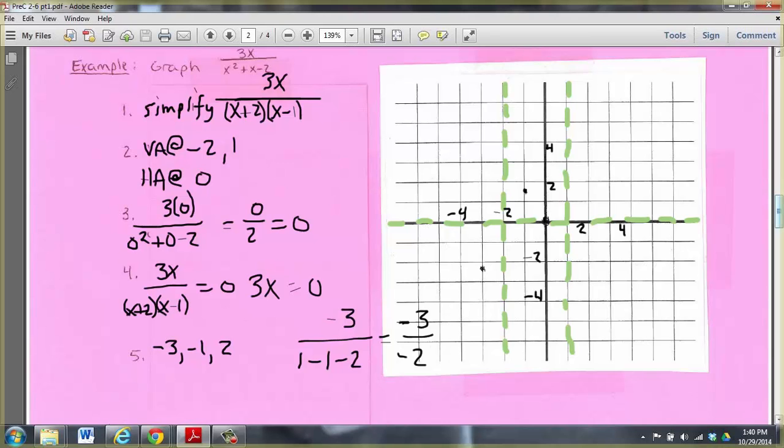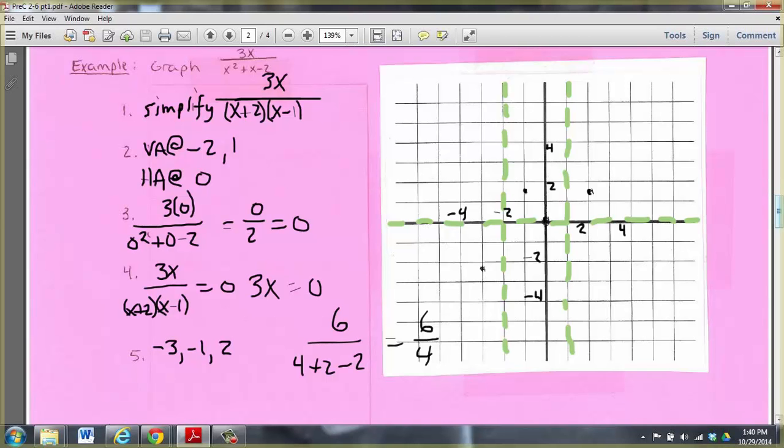Lastly, I'm going to try 2, so I get 6 in the numerator, 4 plus 2 minus 2, so I get 6/4, which again is 3/2. So again, I have a point right here.